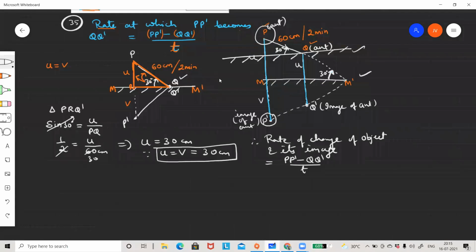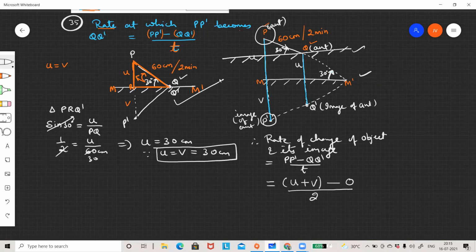What is the PP prime? PP prime distance is the object distance plus the image distance, which are the same, equal to each other. QQ prime is in fact a point in our converted diagram. A point has no dimension. So QQ prime distance is 0. Time is 2 minutes.